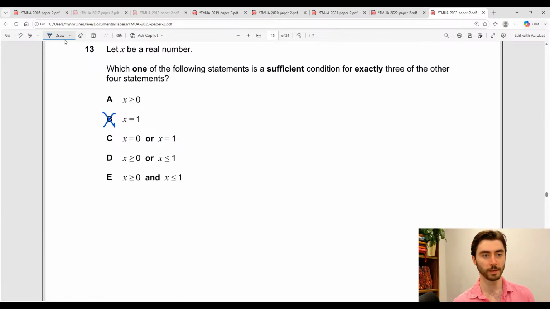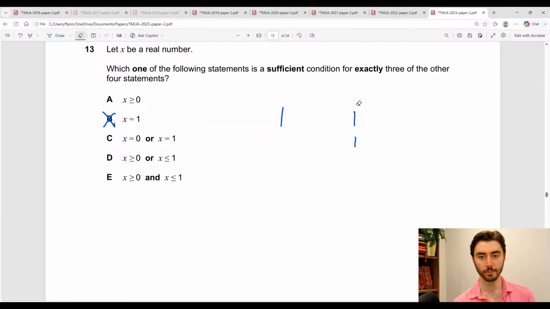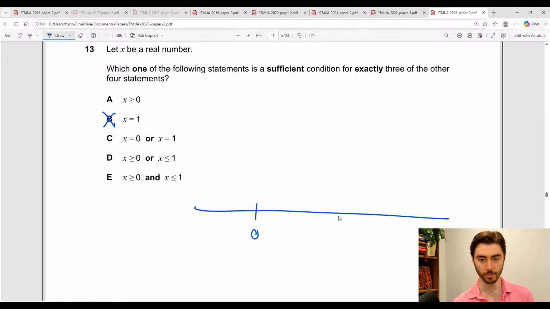I'm going to draw a number line with a 0 and a 1. A includes 0 and above. B includes 1 and 1 only. C includes 0 and 1 as solutions.